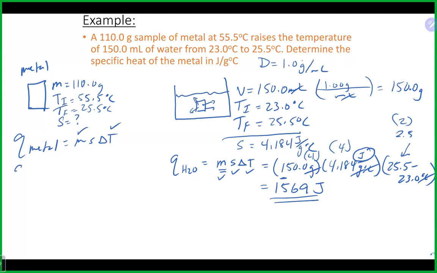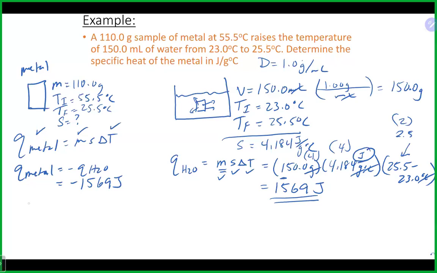That is that relationship that we talked about, that Q of the metal is equal to minus Q of the water. Again, it's going to be the same amount of energy. It is just going to be the opposite sign, as in this particular case, it is exothermic for the metal. So it'll be negative 1569. And now we have our missing piece there.